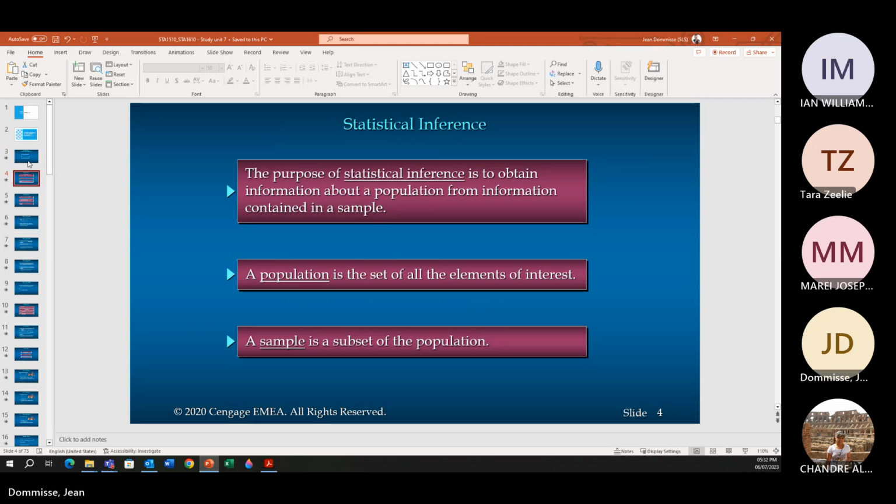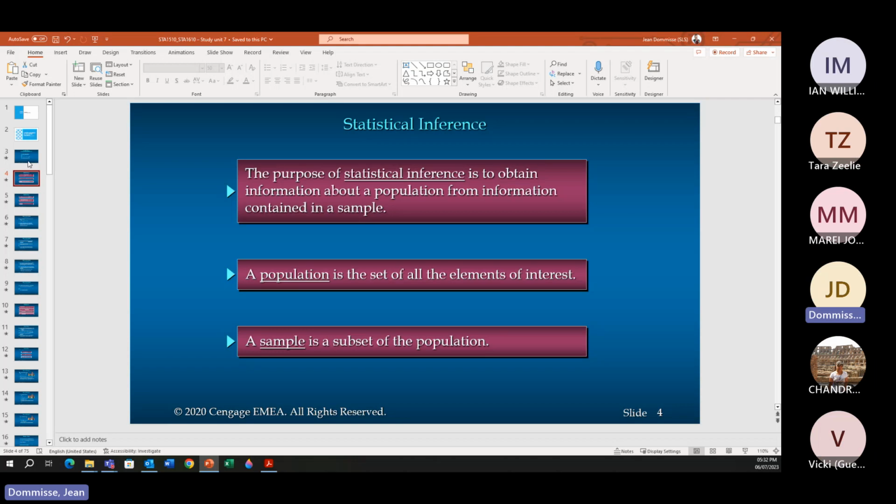So you will see when we get to some of the questions, sometimes they talk about the population, they give you information about the population. Sometimes they talk about the sample, give you information about the sample.